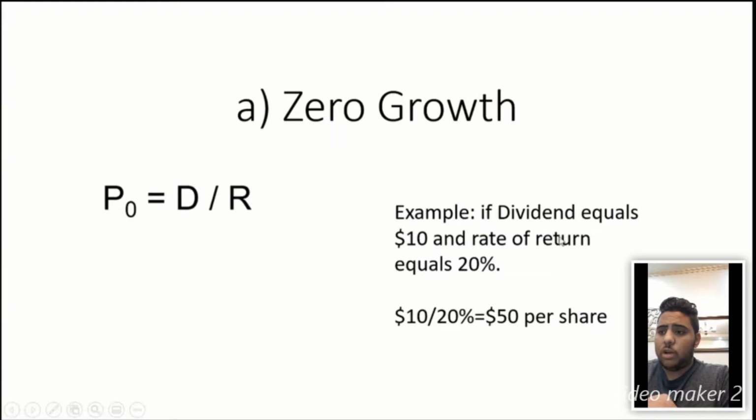Quick example: if you have a dividend that's $10 and a rate of return of 20%, simply take the $10 over the 20%, which equals $50 per share. Now you know that if the price is less than 50, it's good to buy it. If it's more than that or equals 50, that's overpriced. It's not good to buy it as an organization.